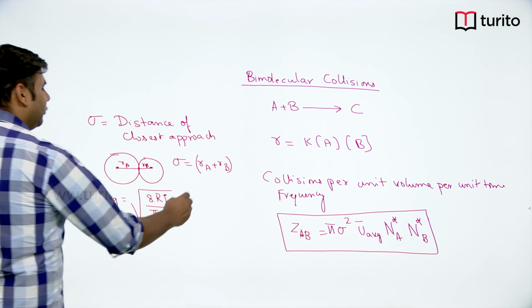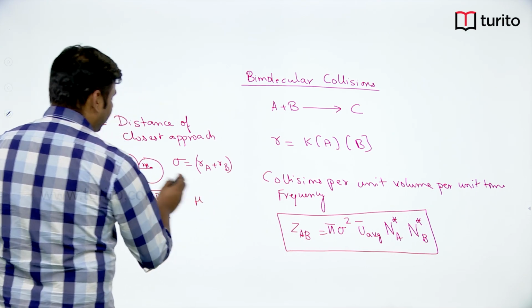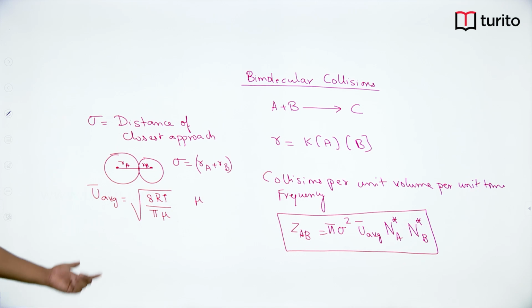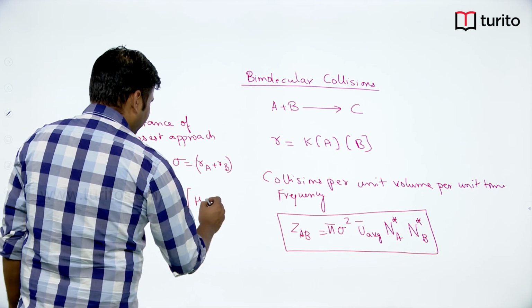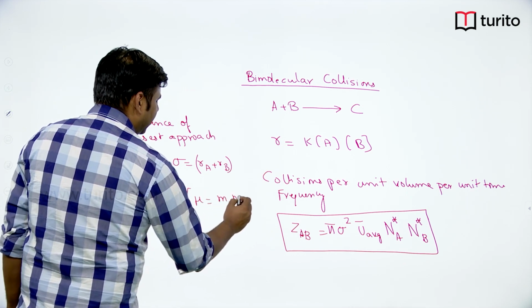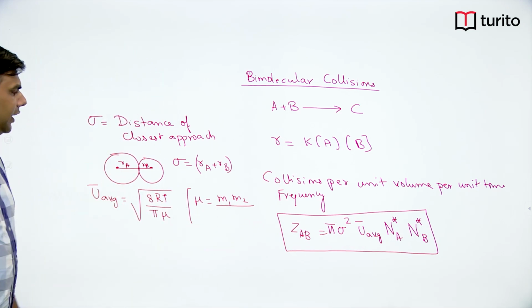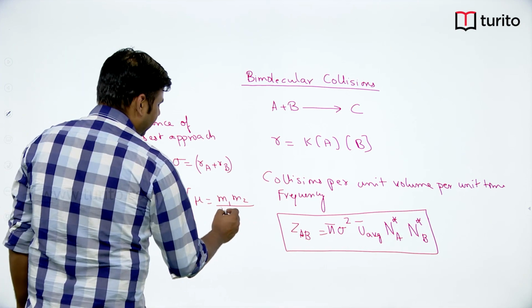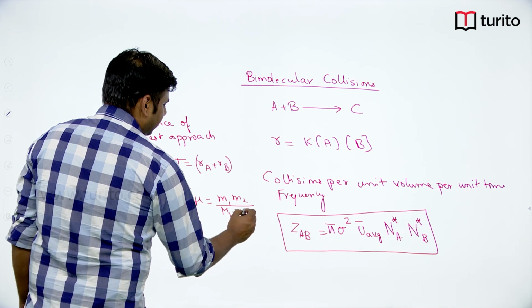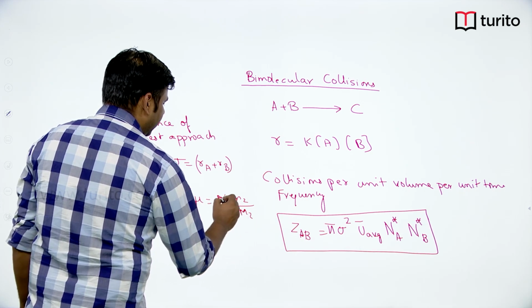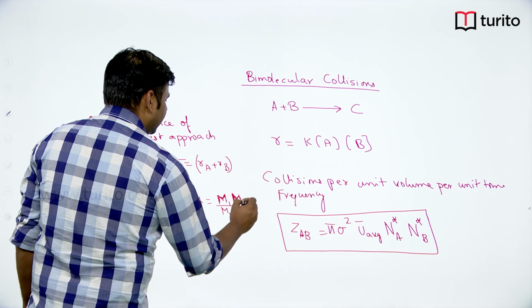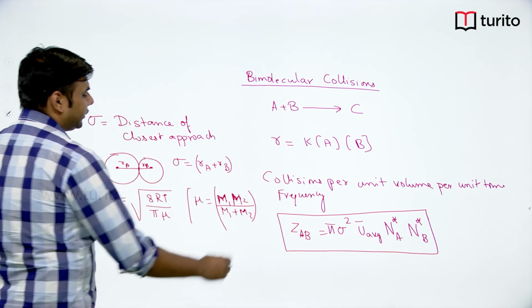We are writing mu over here because mu represents the reduced mass of a diatomic molecule. If you don't remember the formula, there is no issue. M1 is the molar mass of atom A, M2 is the molar mass of atom B, and you just combine them. So this is basically the concept of reduced mass, which you must have done in rotation.